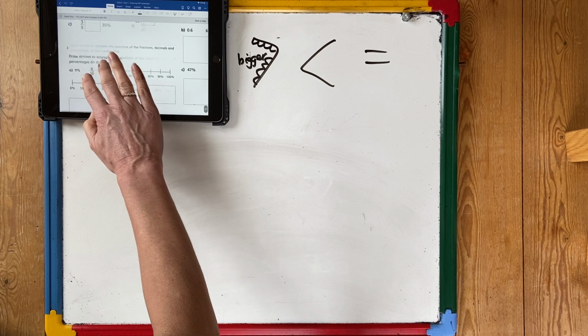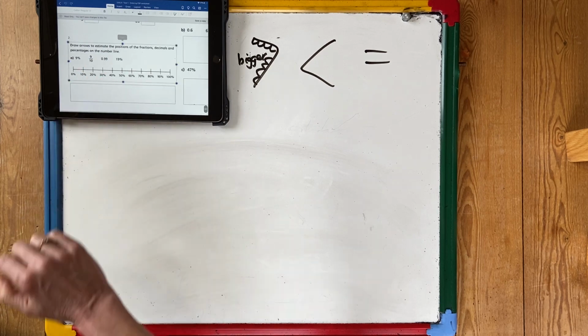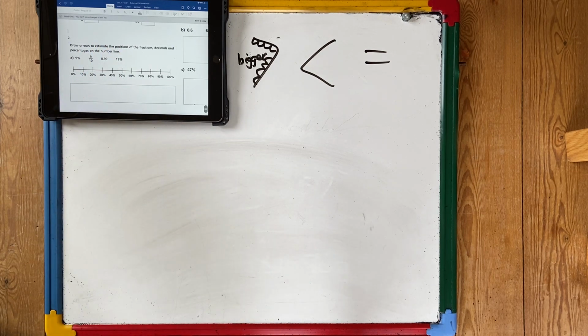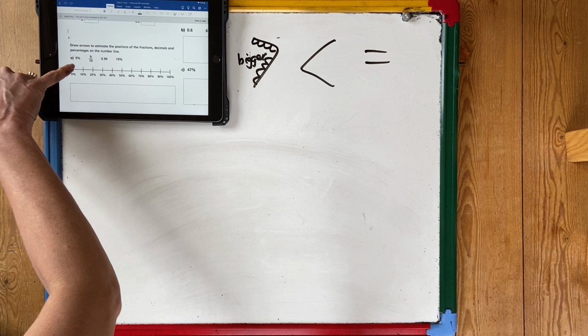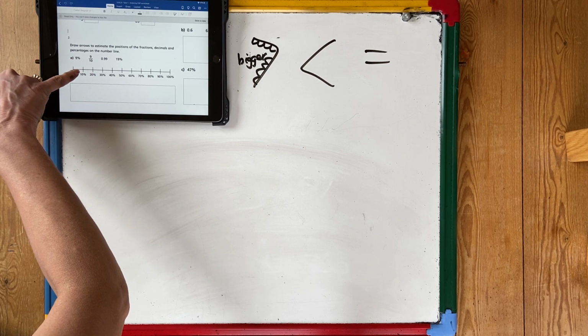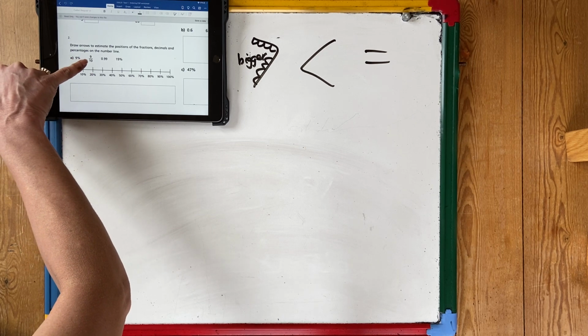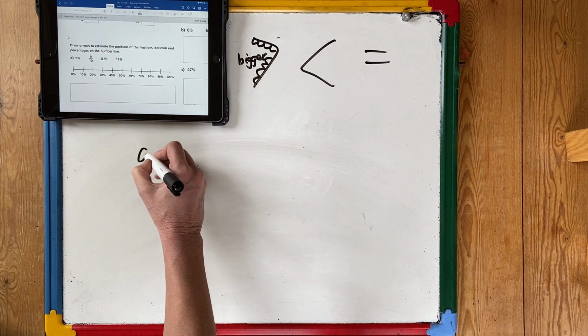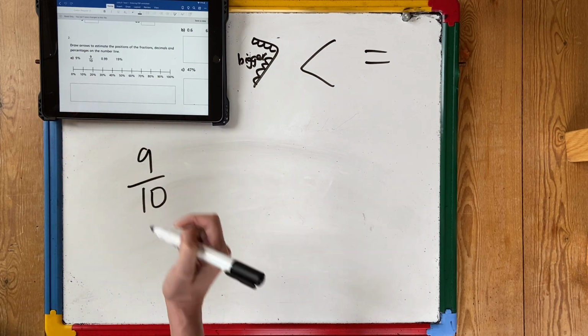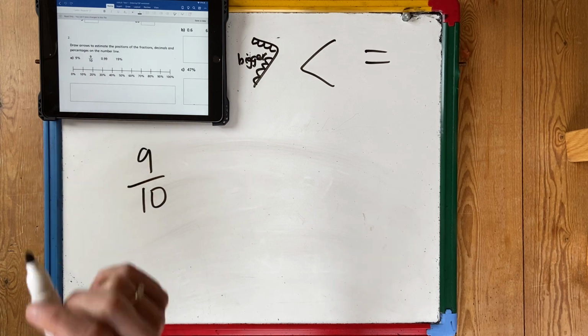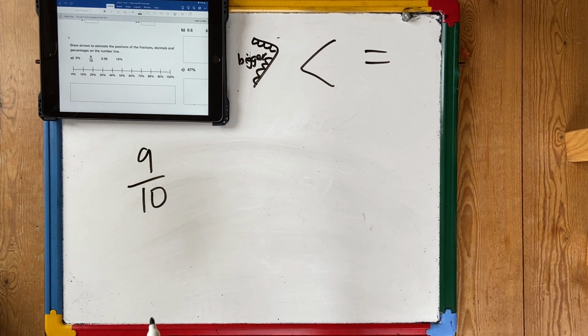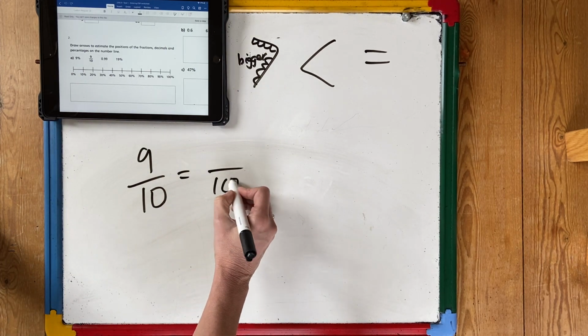Question 2. Okay, draw lines to estimate the positions of the fractions. So 9%, you're going to draw the line to just before the 10%. 9/10. What is 9/10 as a percentage? Before we work out what the percentage is, we need to find the equivalent fraction in hundredths.